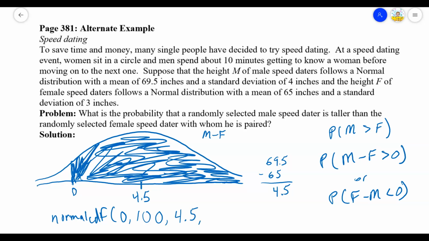And now we need the standard deviation. How do we get the standard deviation? We add the variances. Take the square root. And that's a Pythagorean triple, so I don't even need my calculator for that. Variances always add. Even though I was subtracting male minus female, the variances still add. Always add them. And we get 0.8159.